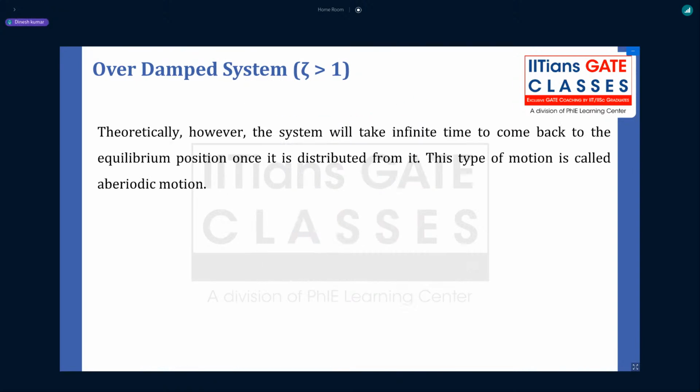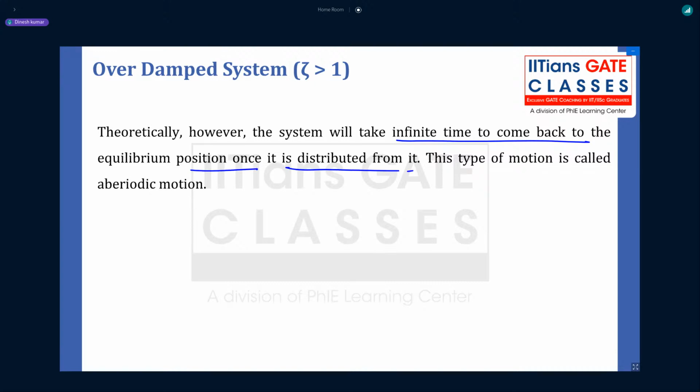So this is for our overdamped system, guys. Any doubt? Any concern? No, right? Now, theoretically, for our overdamped system, it will take infinite time to come to equilibrium position once it is disturbed.